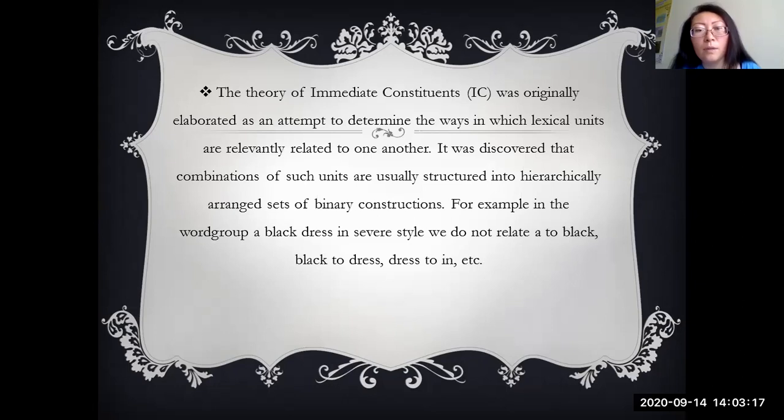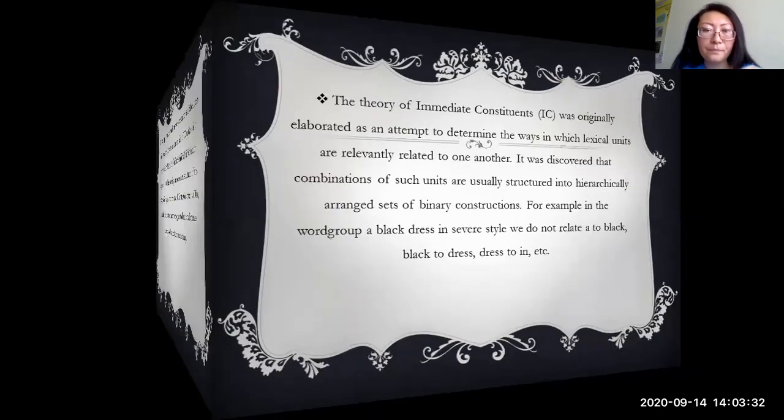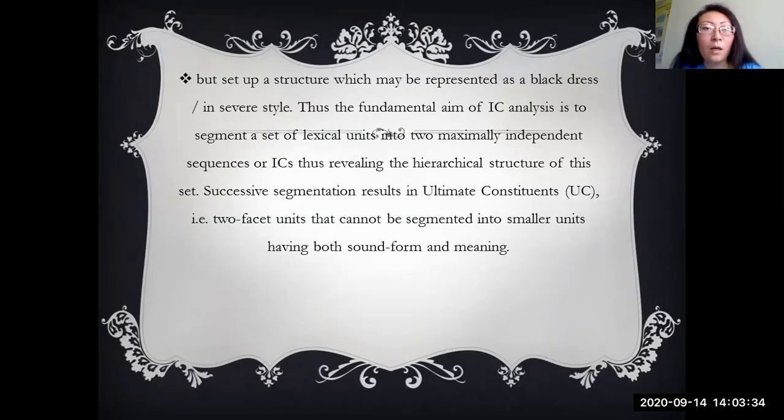For example, in the word group, a black dress in severe style, we don't relate a to black, black to dress, dress to in, etc. But set up a structure which may be represented as a black dress in severe style.